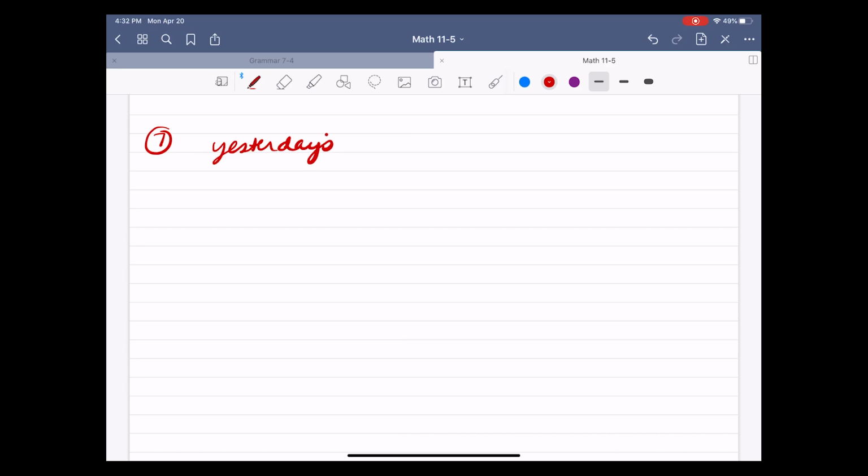Yesterday's temp was 30 degrees. Tomorrow's weather forecast includes a high temperature that is no more than 12 degrees hotter or warmer. Okay, so it means that tomorrow's temperature will be less than or equal to 30 degrees plus 12 degrees.